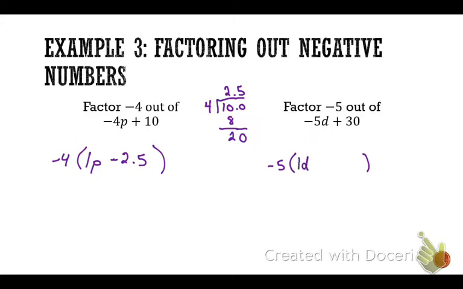Positive 1d. And what's positive 30 divided by negative 5? Negative 6. And when I double check it, negative 5 times 1d is negative 5d, and negative 5 times negative 6 is my positive 30. Okay? All right.